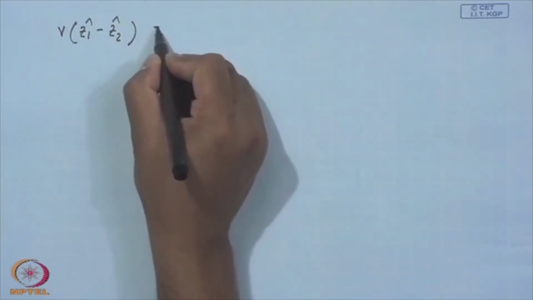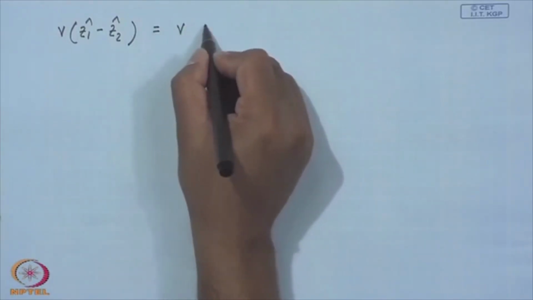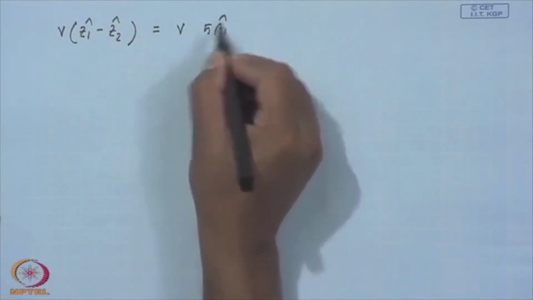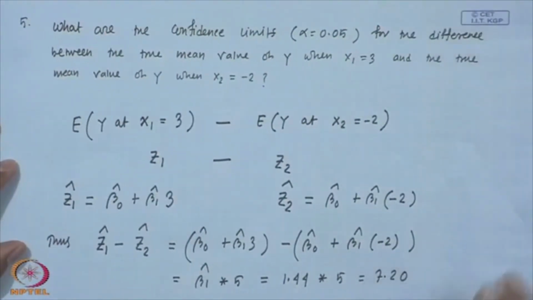The variance is nothing but the variance of 5 beta 1 hat, right, because that is what we got here. So, Z 1 hat minus Z 2 hat is 5 beta 1 hat, right.